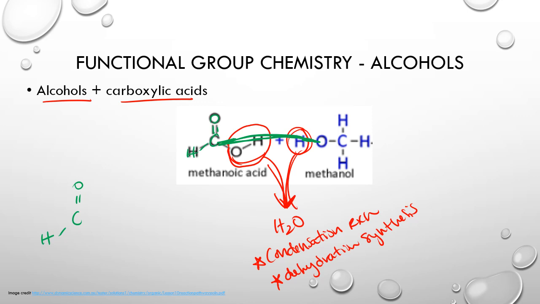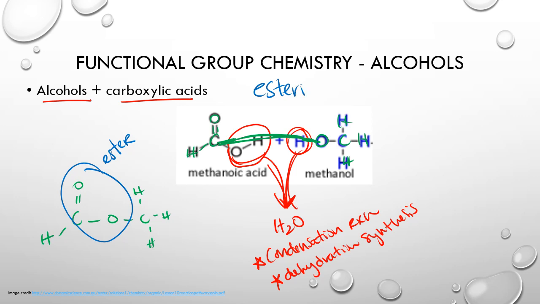Over here I have OCH3. Look what we've got, my friends. We've got ourselves an ester. So we call this esterification because I have literally formed an ester from an alcohol and a carboxylic acid. Good. All right, let's do another one.